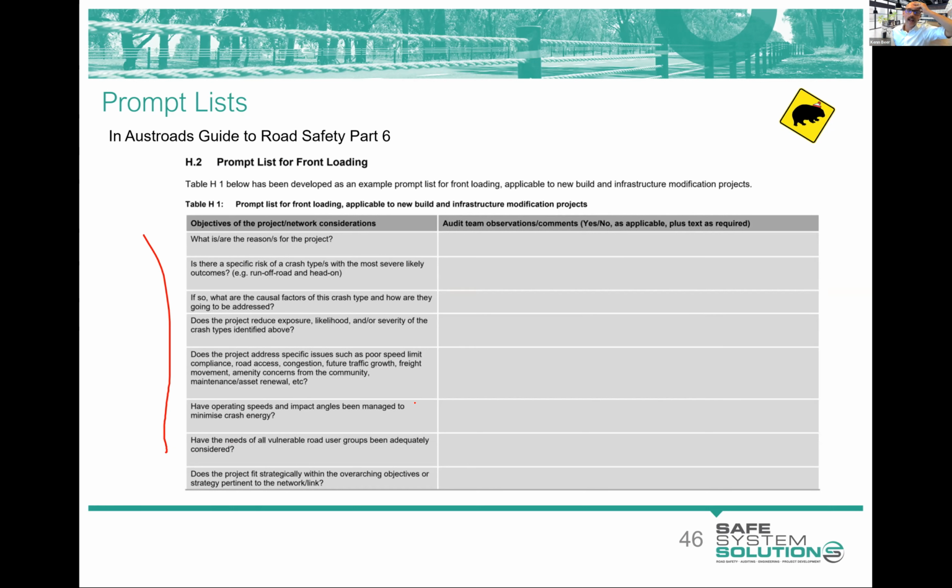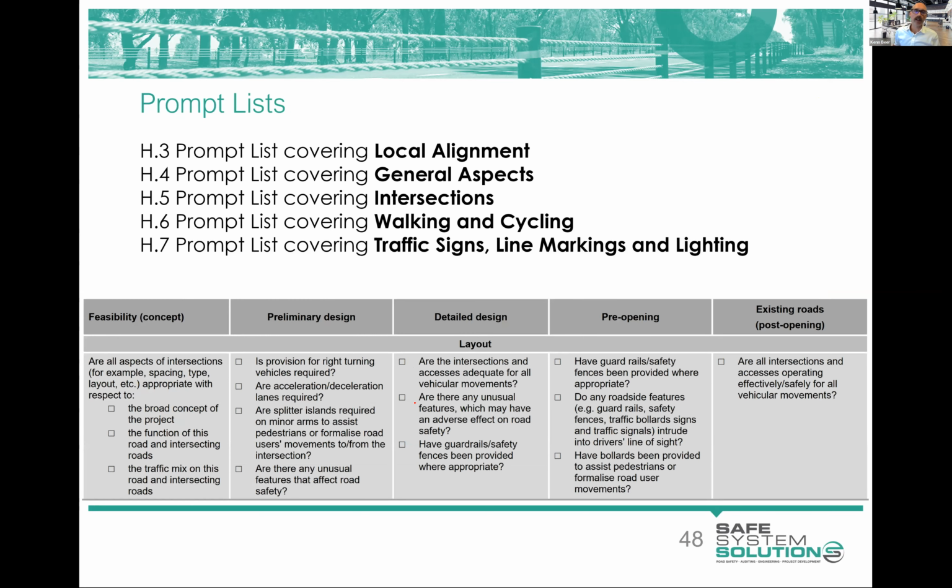Like anything associated with these prompt lists, this is for your thinking and your notes only. You don't hand this in with the audit report. And then after those front-loading questions, there are all of these specific questions: local alignment, general aspects, intersections, walking and cycling, traffic signs, lines, marking, lighting.